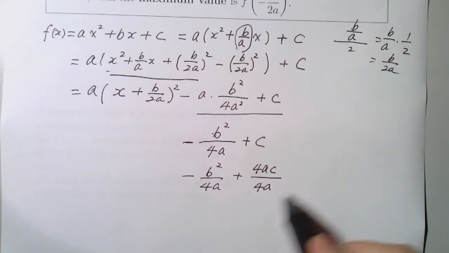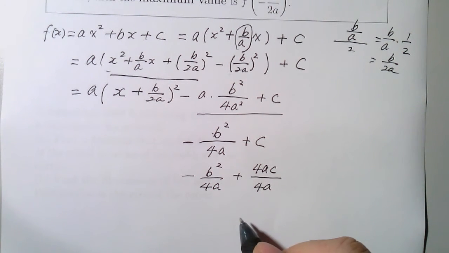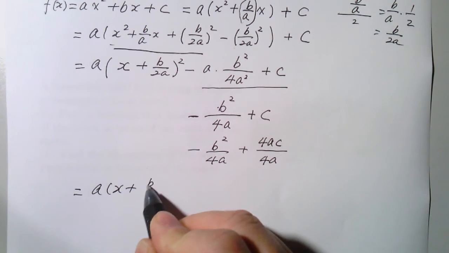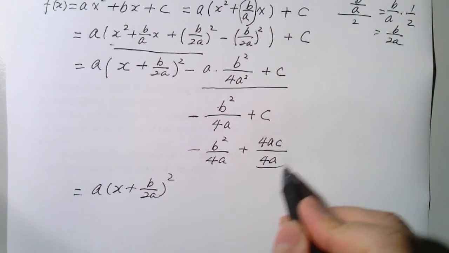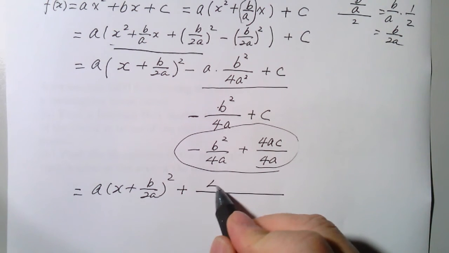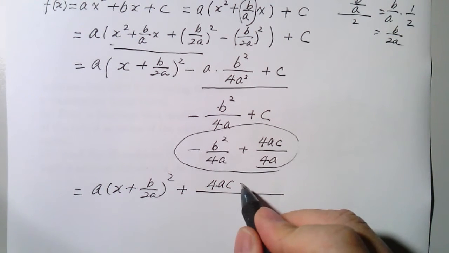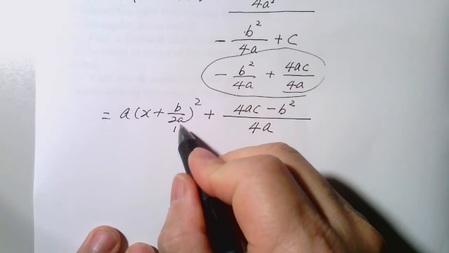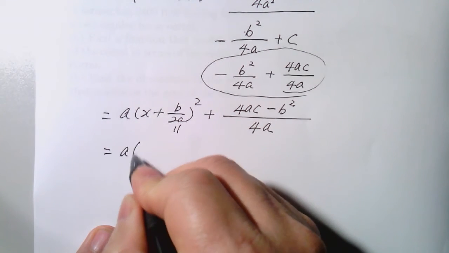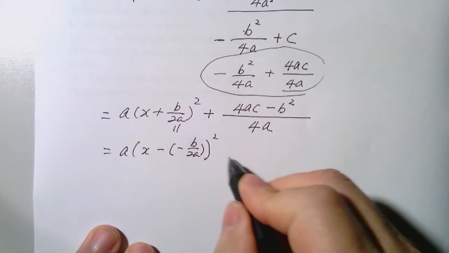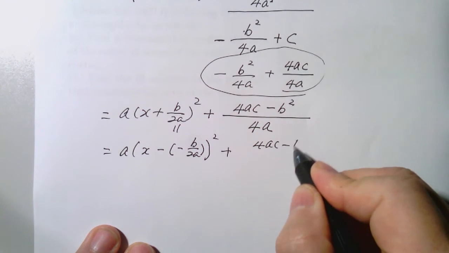Now I'm going to rewrite this as a times x plus b over 2a squared, plus 4ac minus b squared, divided by 4a.